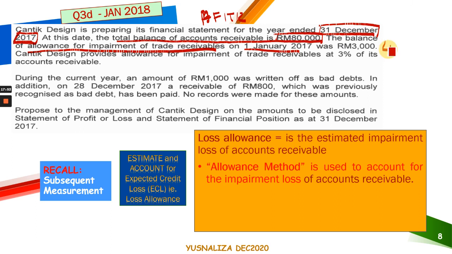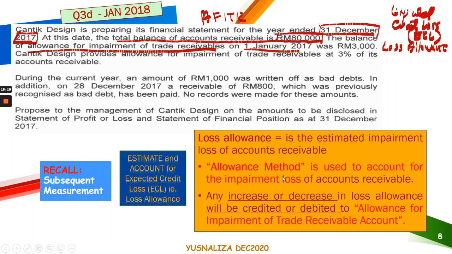So this 3,000 is the loss allowance that you have earlier made, maybe from your expected credit loss, or ECL, and you have that loss allowance of 3,000.